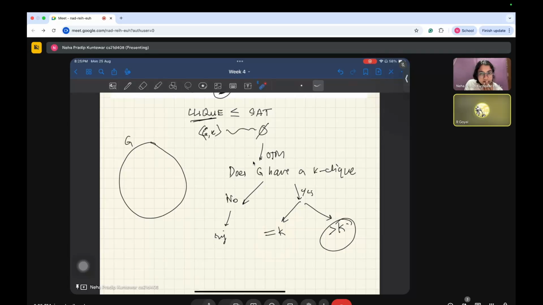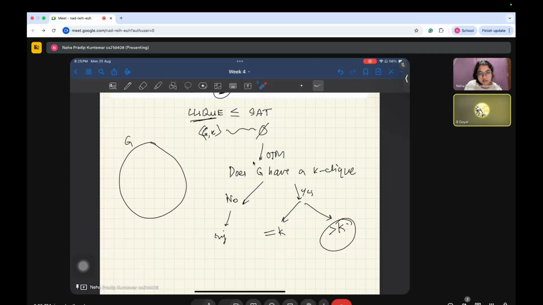In the CNF kind of form, so that if G has a K clique... how are we reducing the clique instance into an instance of satisfiability?